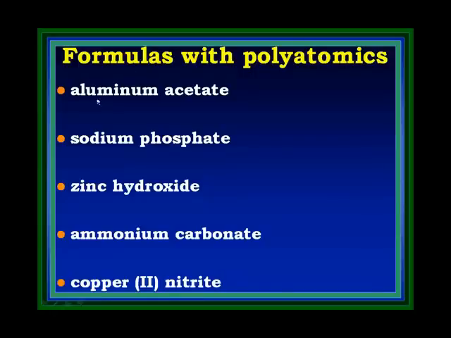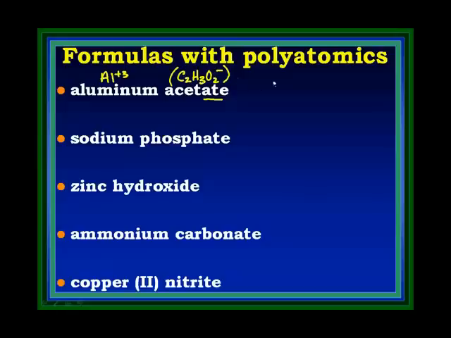Okay, so we've got aluminum. Aluminum is Al. If you look at your periodic table, it has a +3 charge. Next, I have acetate. It has that ate ending. So I know acetate is a polyatomic ion. And I look it up on my golden sheet, and I find that it's C2H3O2 with a -1 charge.